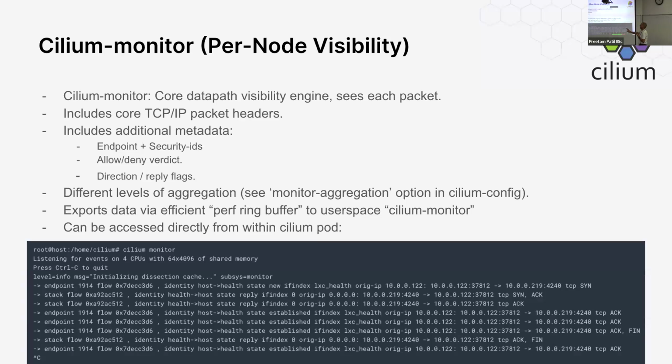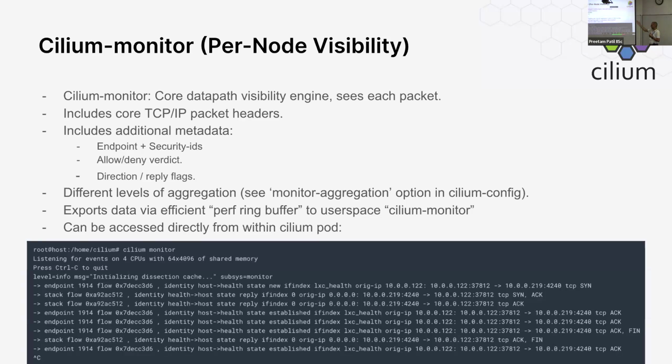This is, I think, the best part about the way you observe it. If you look at Hubble, the observability product, and some of these messages, you could correlate it with tcpdump, but this is actually not tcpdump. You're looking at the exact flow of what is happening in your network. Let's say a client is sending some packets to a server.